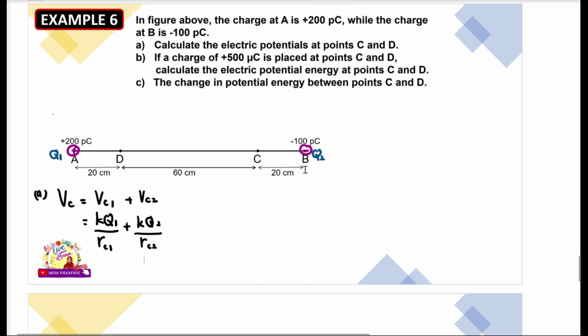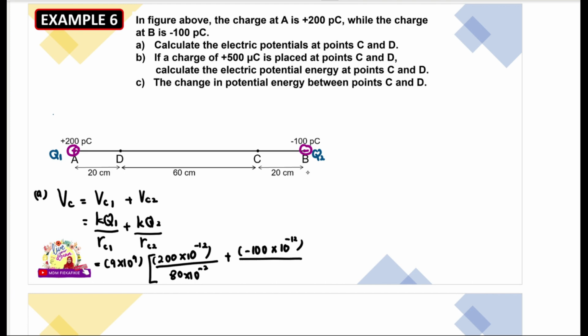Okay, so saya masukkan nilai dia 9 exponent 9. Okay, so Q1 is 200 pico, negative 12, right? RC1 is 80 cm, tukarkan kepada meter. And then plus Q2 negative 100 pico.